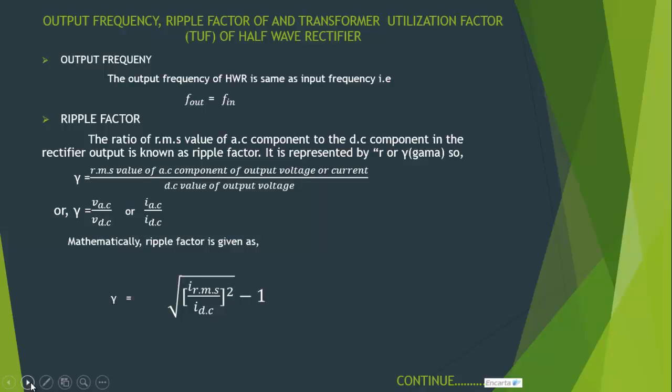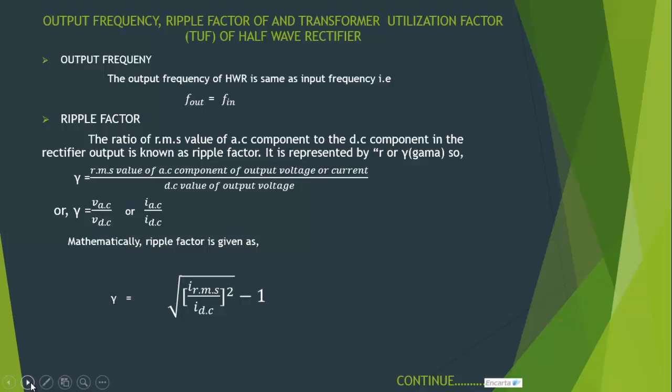The output voltage or current of the half wave rectifier contains two components, namely DC component and AC component. The AC component is undesirable and accounts for pulsations in the rectifier output. The AC components are known as ripples. Therefore, the effectiveness of the rectifier depends on the magnitude of ripple in the output. Smaller the ripples, more effective is the rectifier.